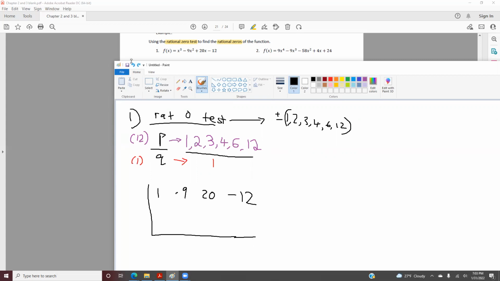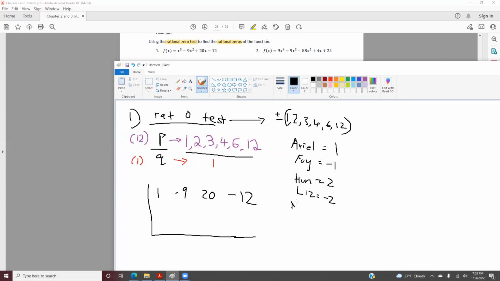So now I'm going to assign you guys to perform some synthetic division for me because I am a bit lazy today. So Ariel, you're going to try synthetic division with just +1. Fossil, you're going to try with -1. Hunter, you're going to try with 2. Liz, you're going to try with -2.